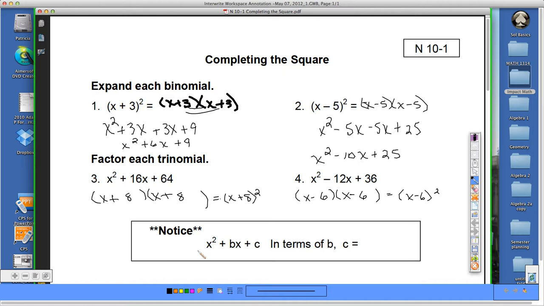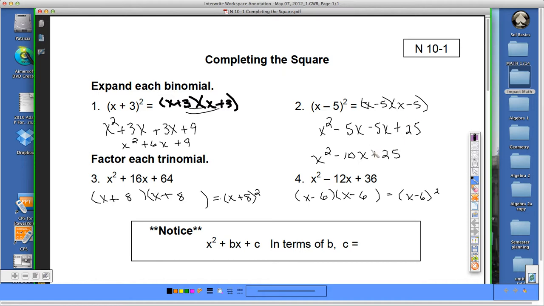And so we have to notice what happens in a perfect square polynomial. In all four of these, if you take the square root of the last term, in this case that's 8, and multiply it by 2, you get the middle term. Square root of 9 is 3, multiplied by 2 is 6.